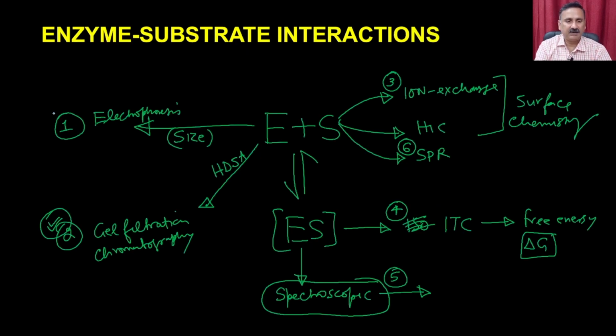So we have discussed electrophoresis, we have discussed chromatography methods, and now let's move on to the next method, which is the spectroscopic method. In the spectroscopic method, you are going to utilize different types of spectroscopy techniques.